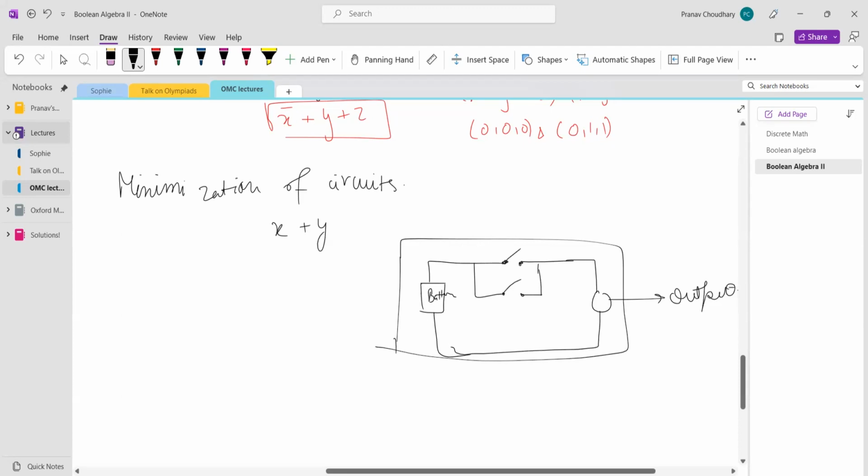So now, whenever the current comes out, if I see either one of them being closed, or both of them, the current will flow through the circuit, right, and travel.